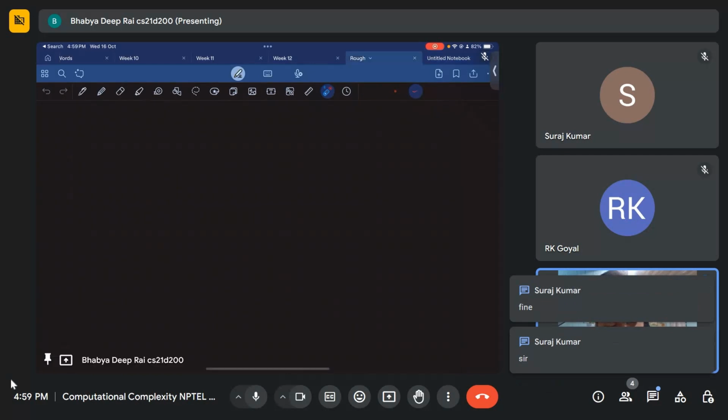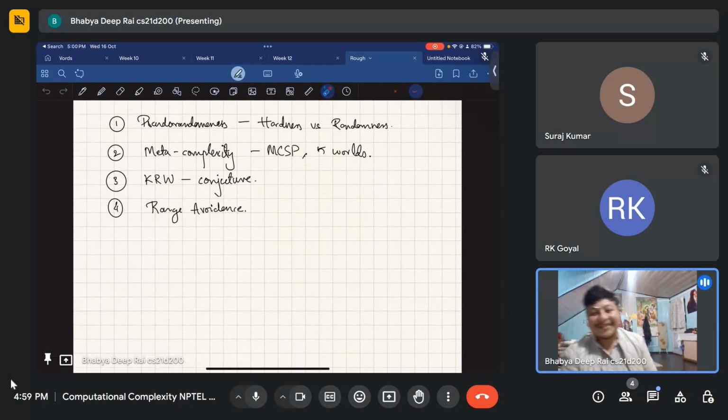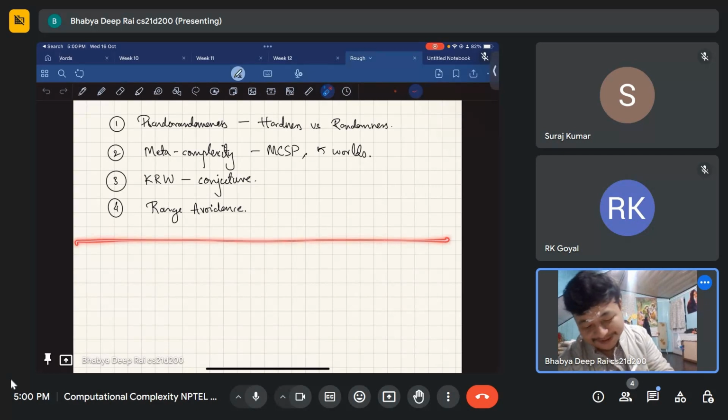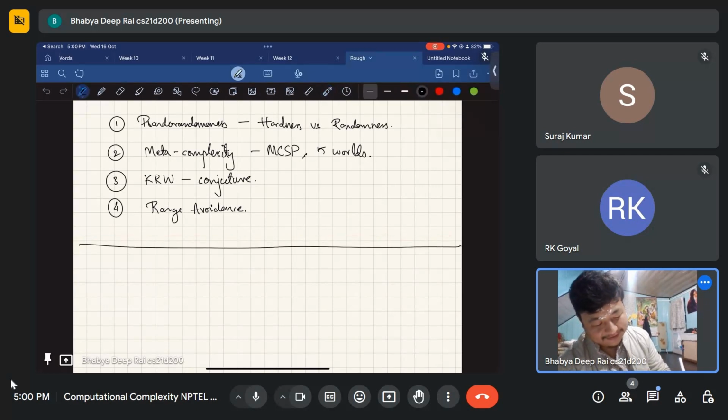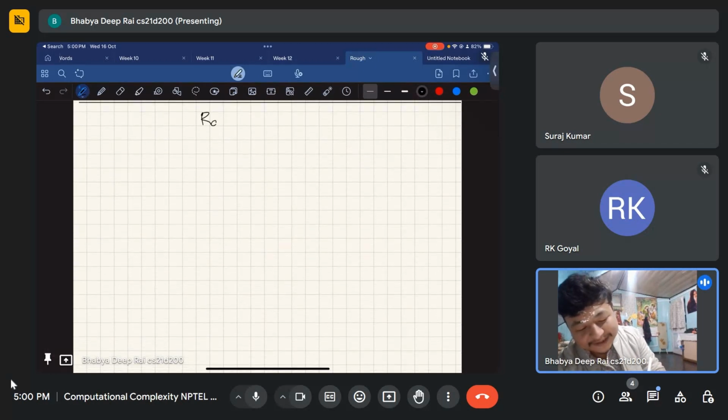So I just wanted to visit, for the first time, things that are a bit in fashion right now in complexity theory: pseudorandomness. We talk about randomness.